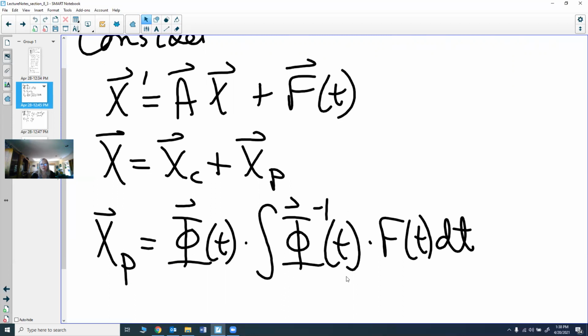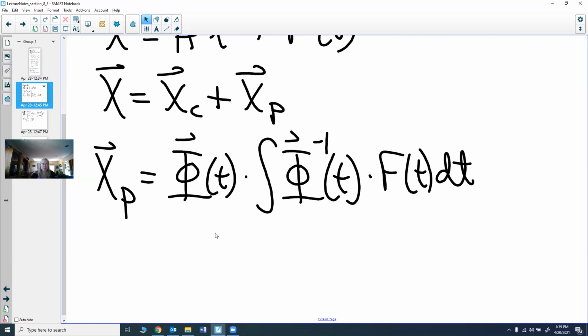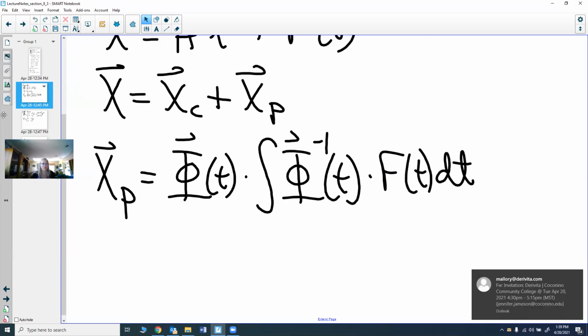And that's why it can't be singular, because if it's singular, it doesn't have an inverse. This is actually the formula we use. Technology will actually allow you to find this without having to do it all by hand. The TI-Nspire will do this for you if you need it to.